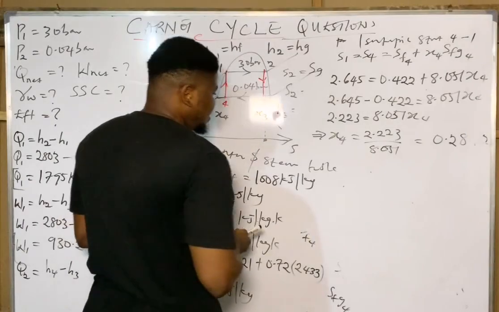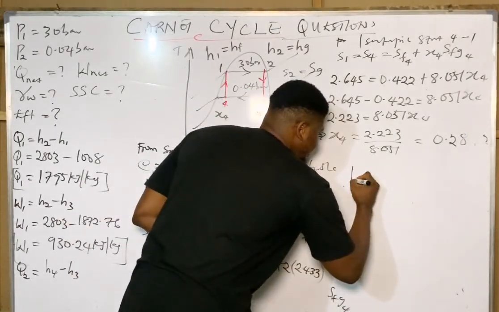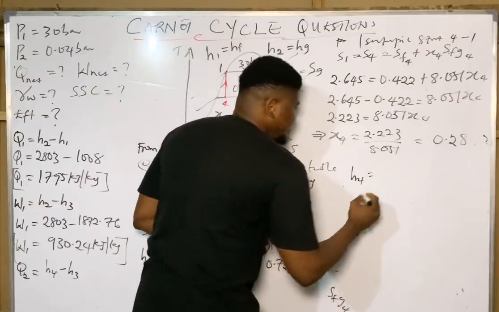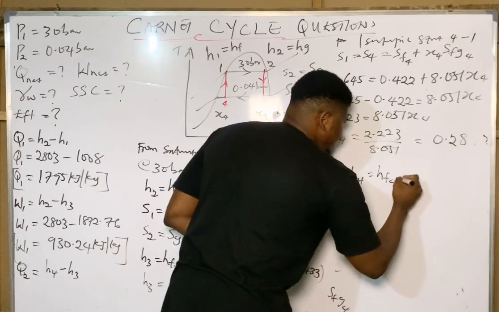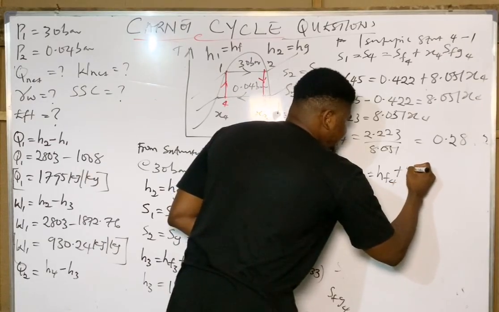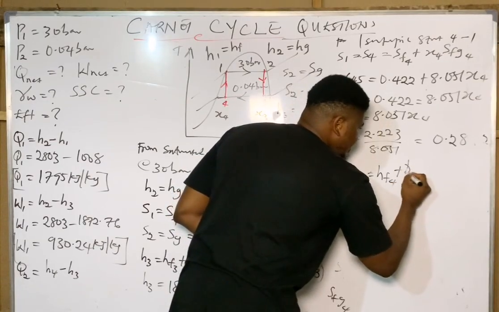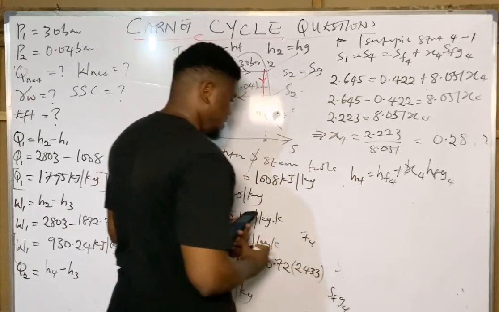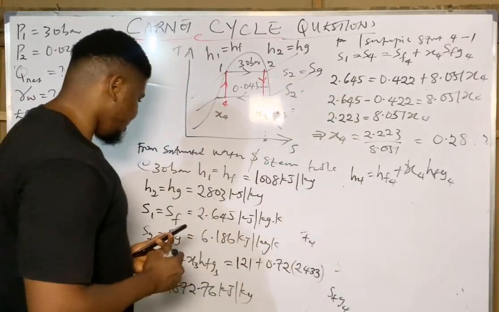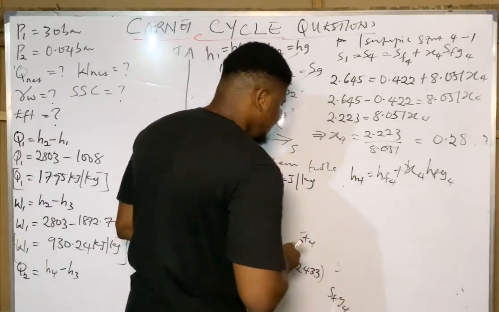Now, the enthalpy at state 4, H4, is going to be HF4 plus X4 times HFG4. I'm supposed to need it, but it's okay, we can find it.